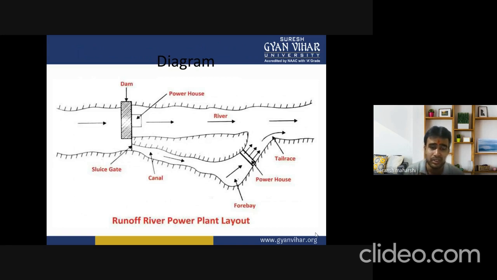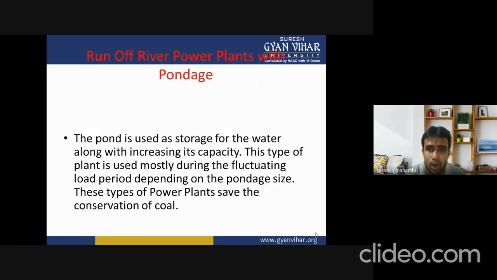Then it is connected through the penstock, and penstock is connected to the powerhouse, where all types of connections, directions and controls are controlled through these systems, and where we consider some types of factors like sluice gate, canal, and the forebay. Now we will discuss about the run-off river power plant with pondage.